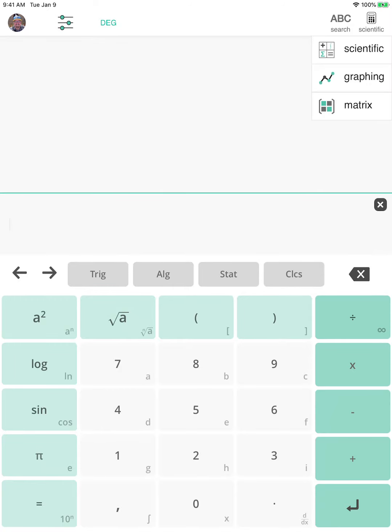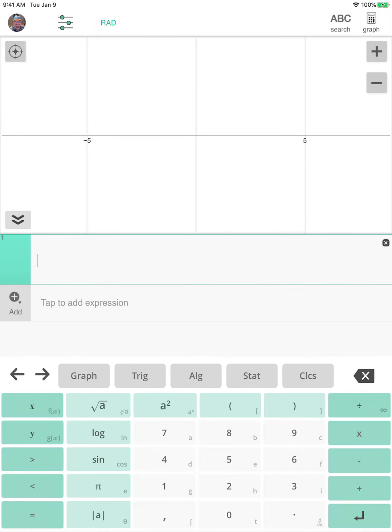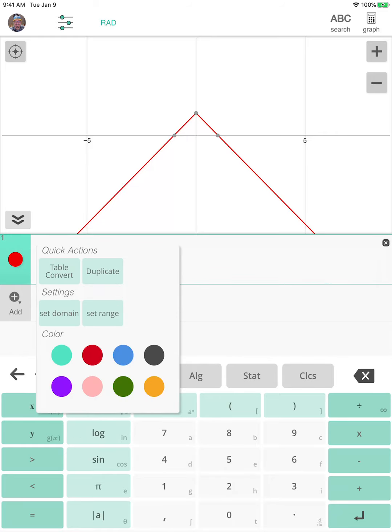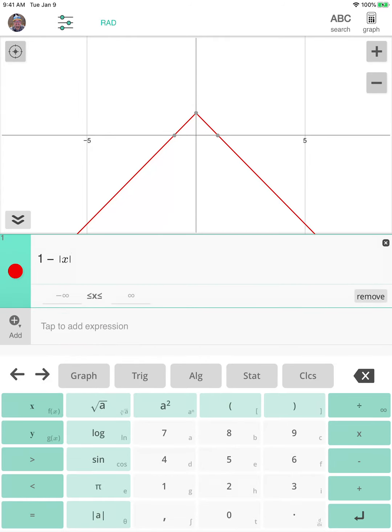I'm going to go to graphing, and I want to graph 1 minus the absolute value of x. Okay, and I want to do that over the integral. So now I can click and hold on the colored circle, and it'll bring up this menu, and I want to set the domain to be my bounds, which are -1 to 1.